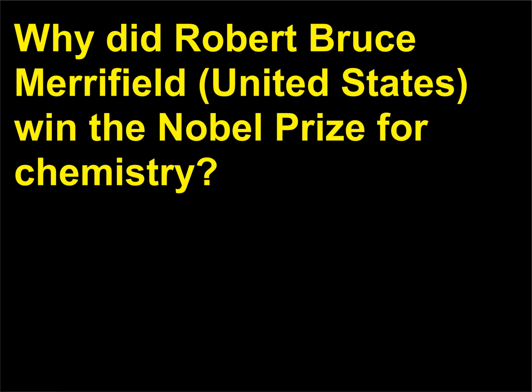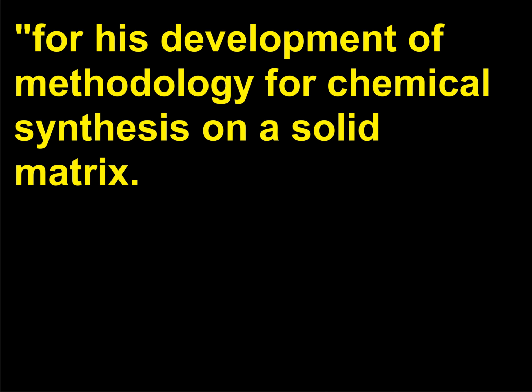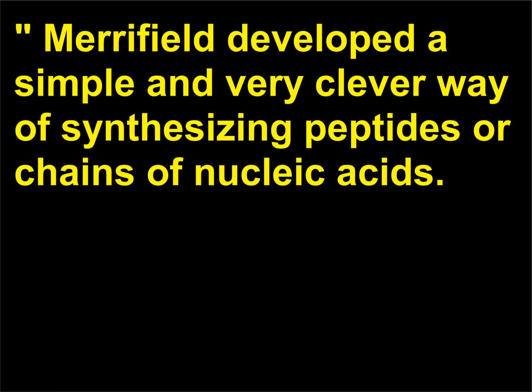Why did Robert Bruce Merrifield, United States, win the Nobel Prize for Chemistry? For his development of methodology for chemical synthesis on a solid matrix. Merrifield developed a simple and very clever way of synthesizing peptides or chains of nucleic acids.